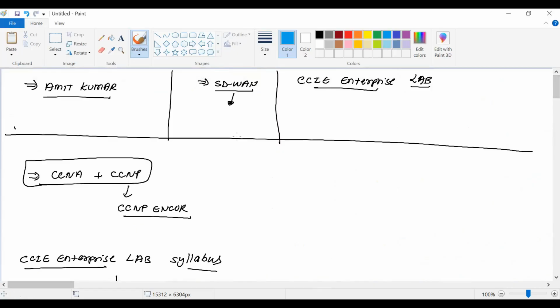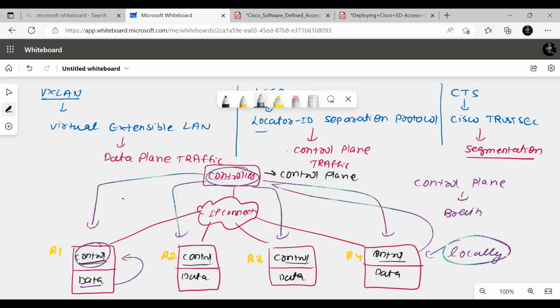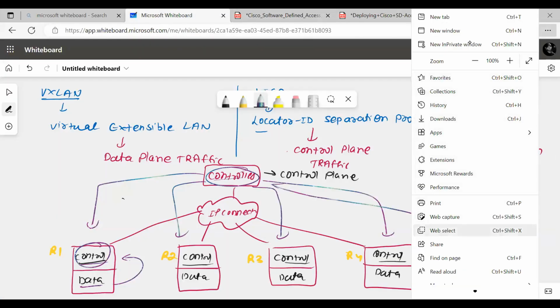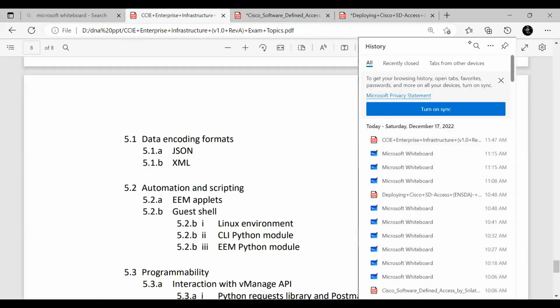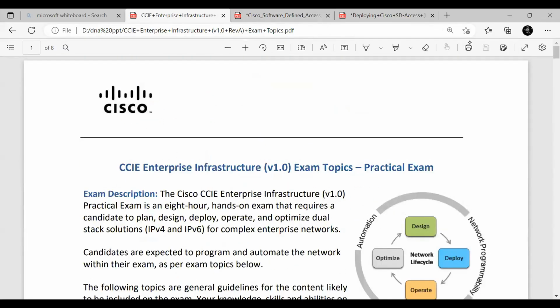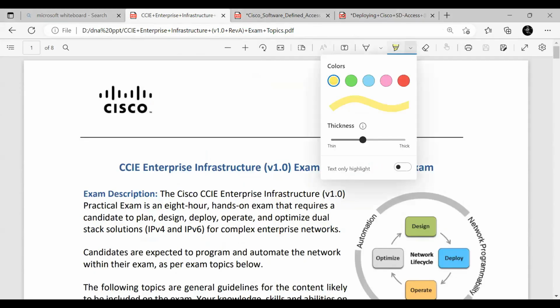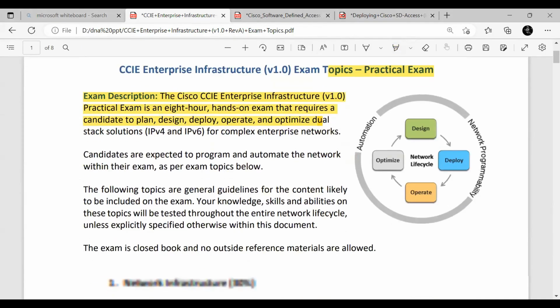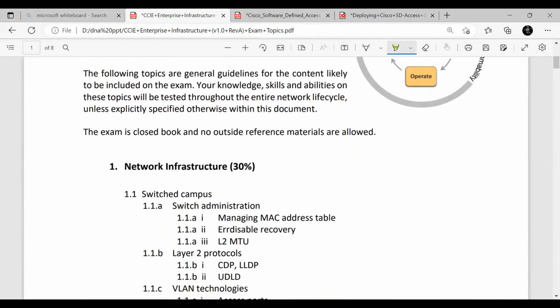I'll send you this syllabus, the CCIE lab exam syllabus.